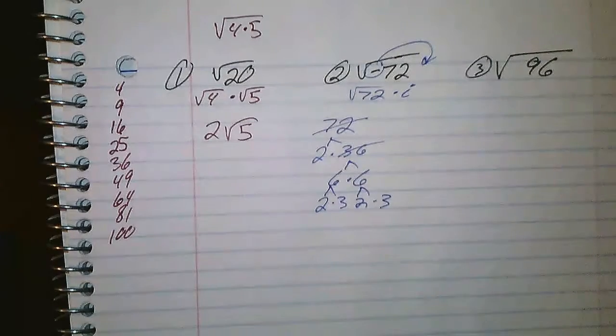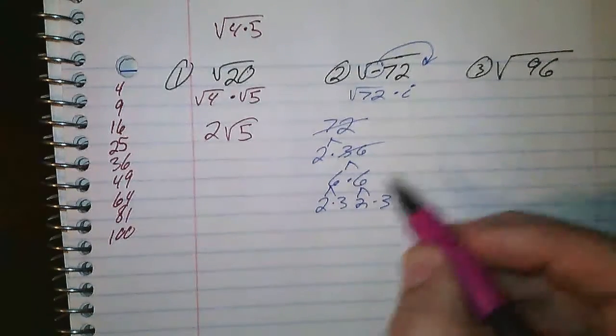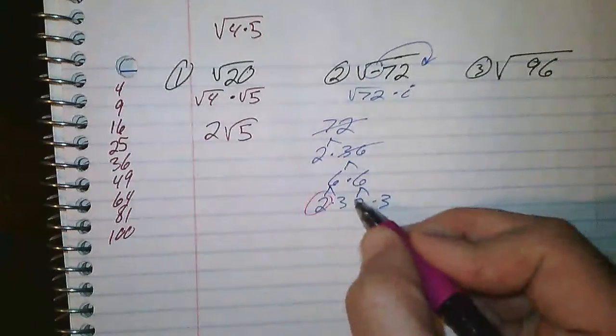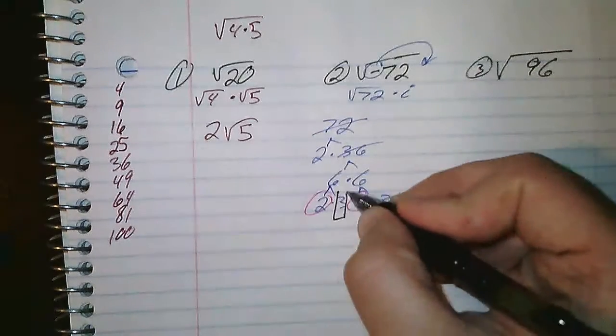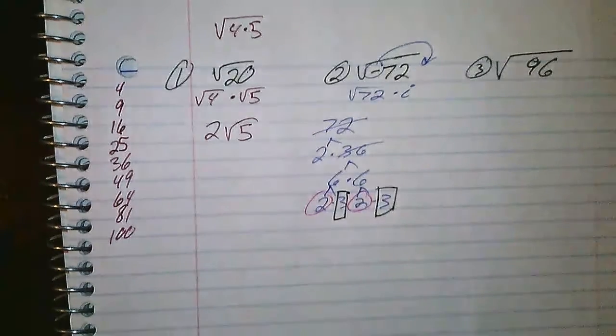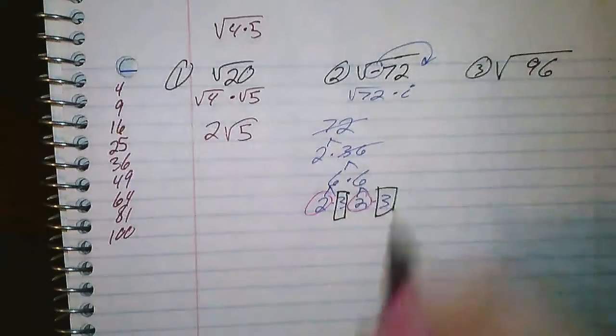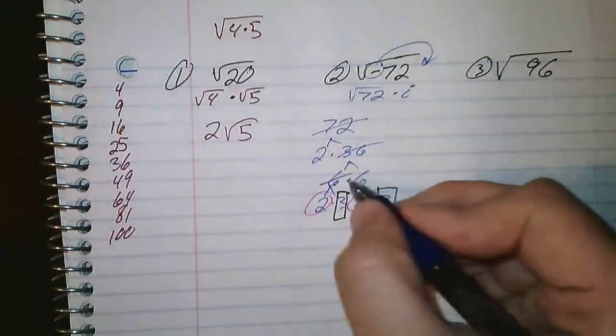So since we are looking for a square root, I look for pairs. I have a pair of 2's that I can pull out, and I have a pair of 3's. So we broke down the 6's here.